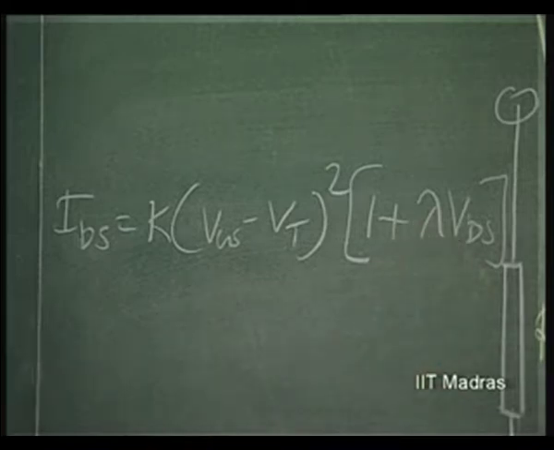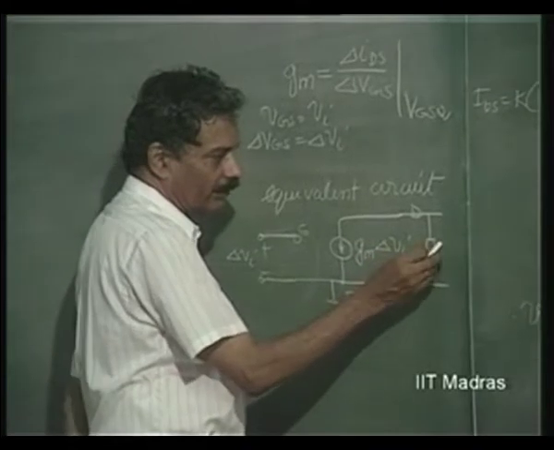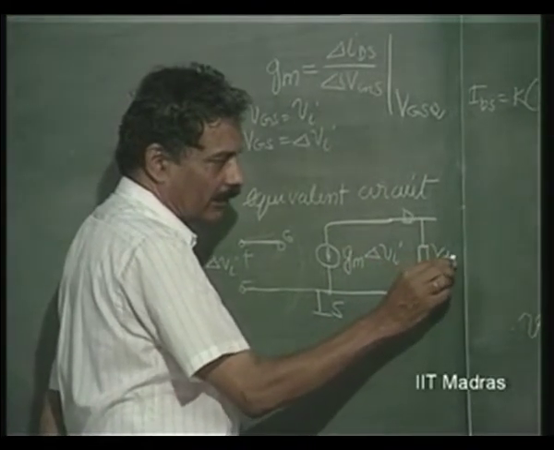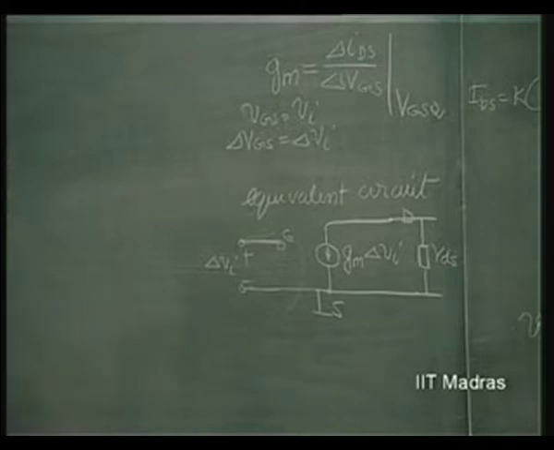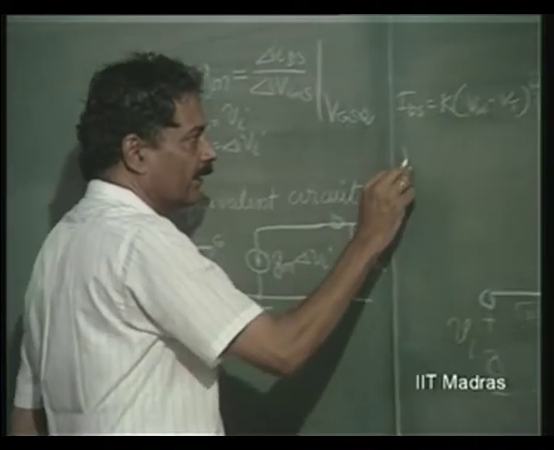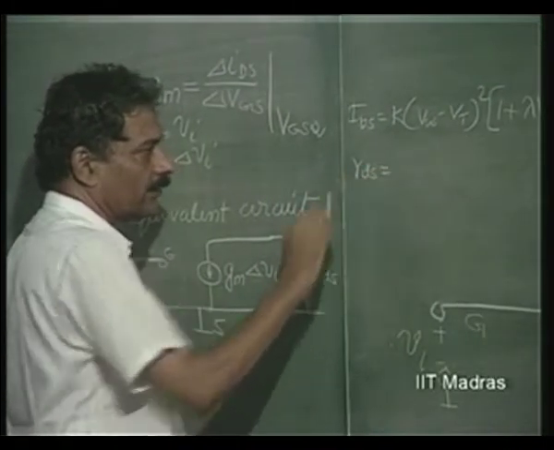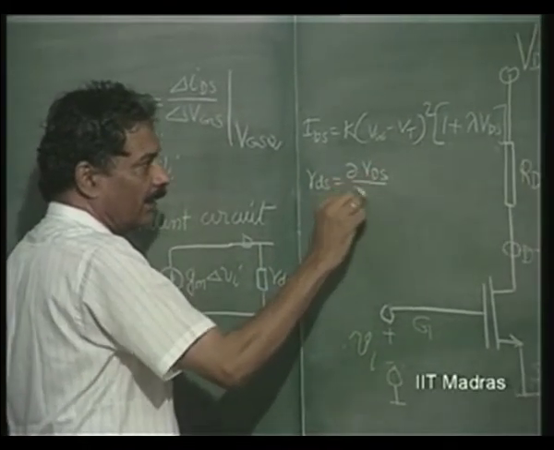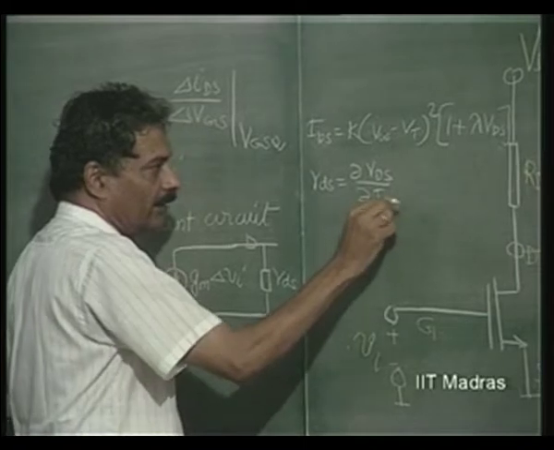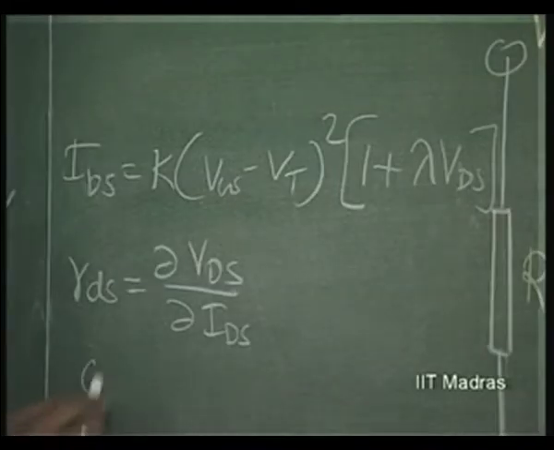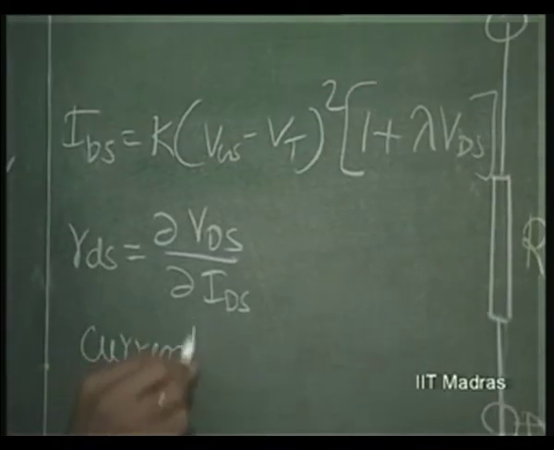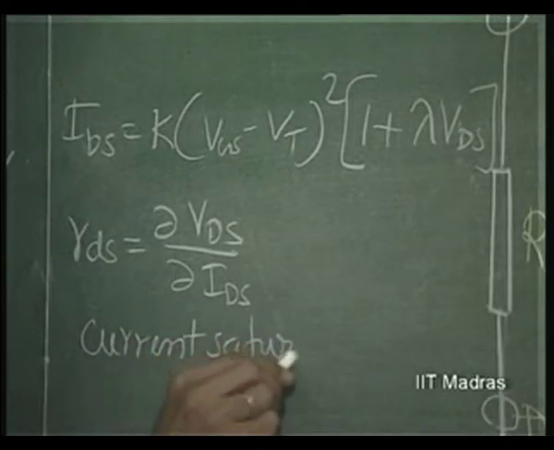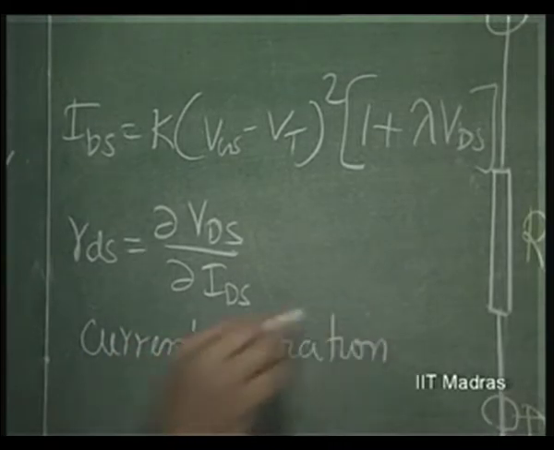That is therefore responsible for resulting in an RDS. So what is RDS? By definition, RDS is delta VDS by delta IDS in the current saturation region.